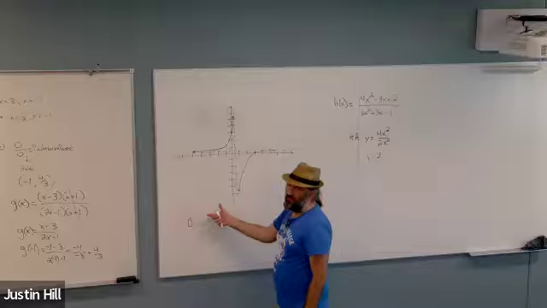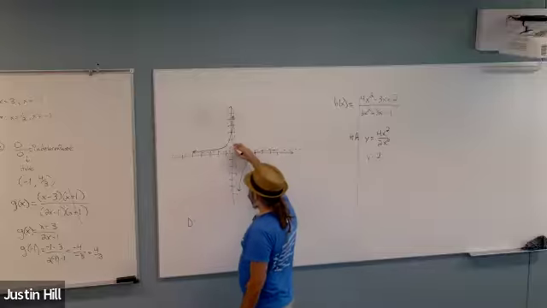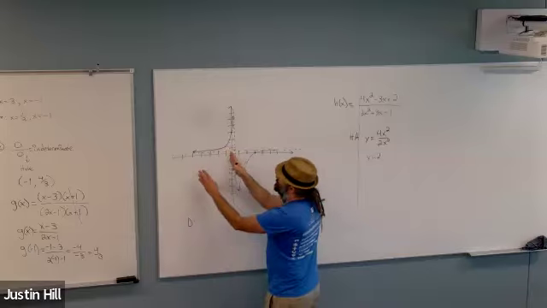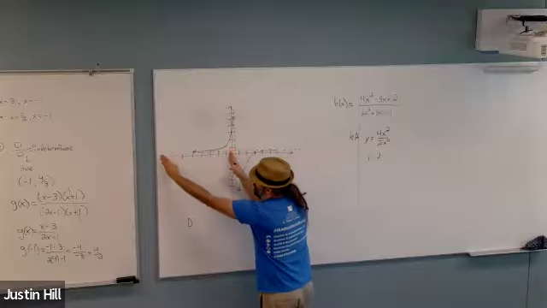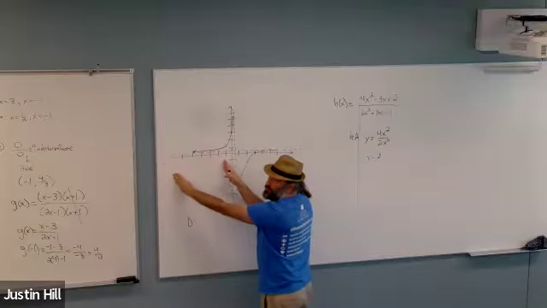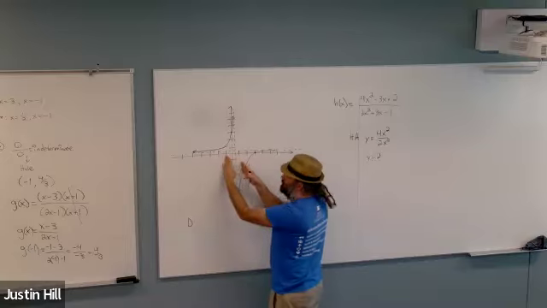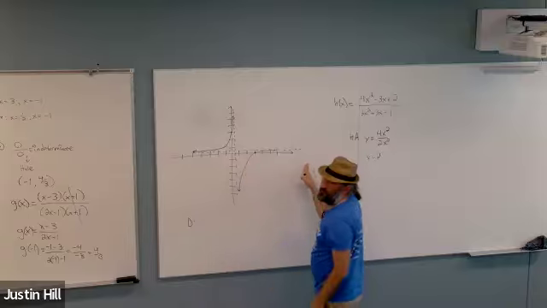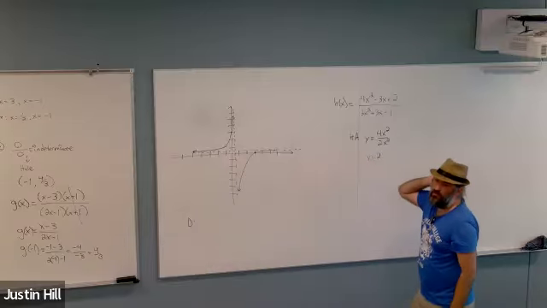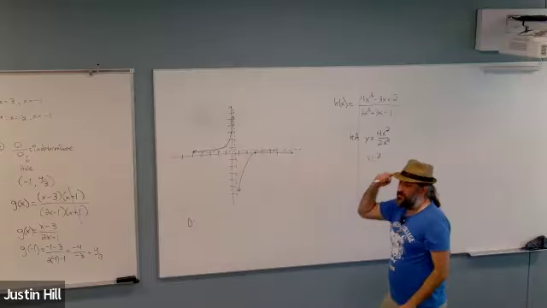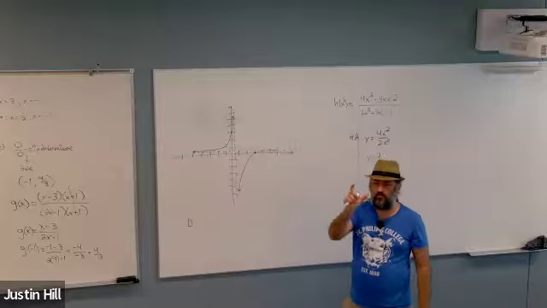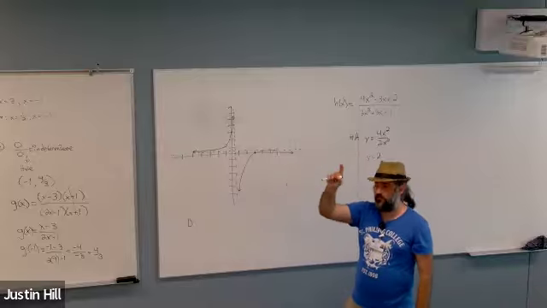My domain then is going to reflect that. This domain is going to end up having 3 parts. We're going to have everything up to -1, then everything between -1 and 1/2, and then everything from 1/2 onward. Does that make sense visually? What that tells me is my domain is going to be 3 pieces, and I stick the pieces together.